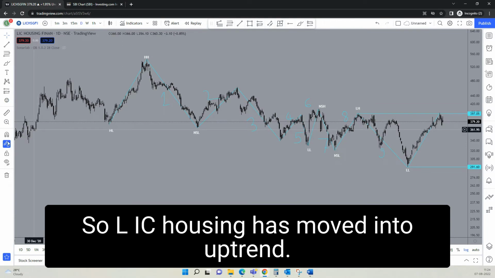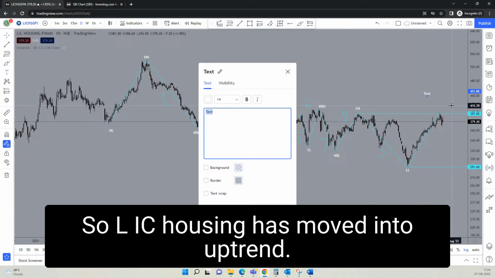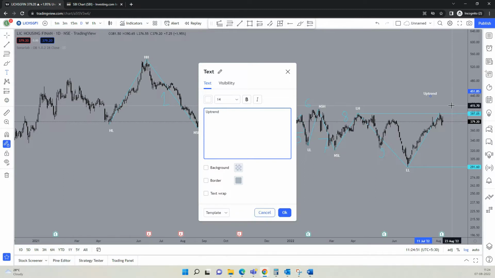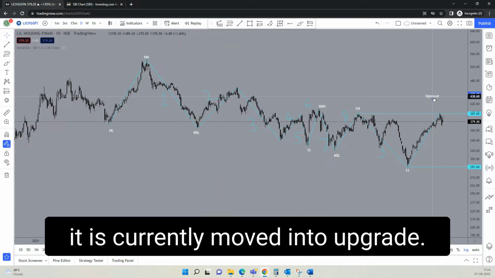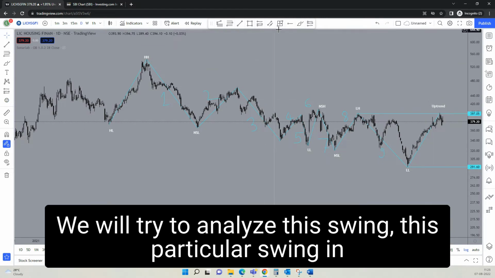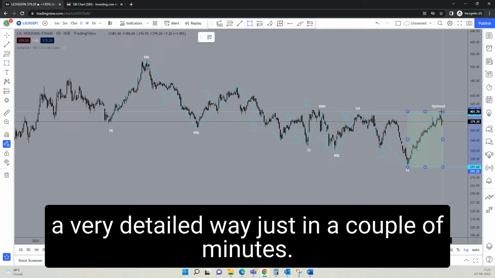So LIC Housing has moved into uptrend. From our analysis, we can say that it has currently moved into uptrend. We will try to analyze this particular swing in a very detailed way, in just a couple of minutes.